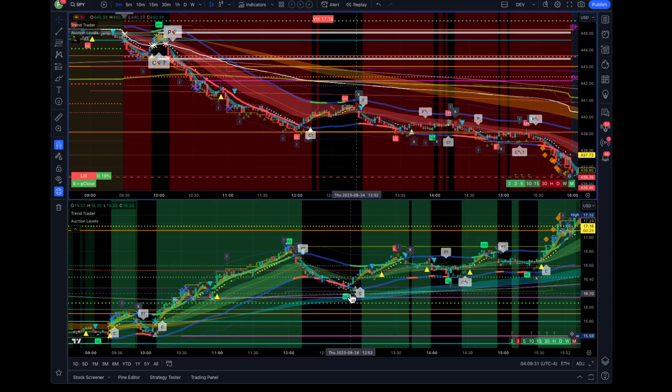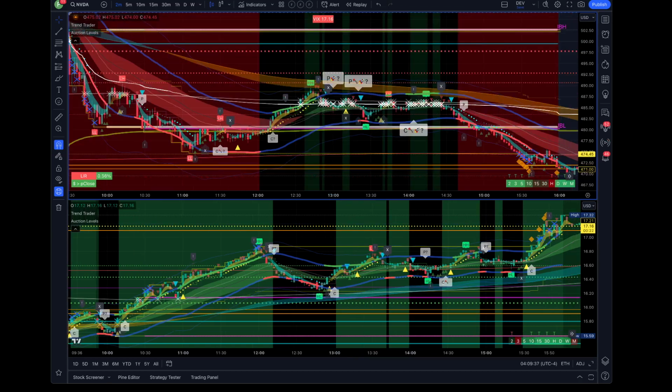As soon as VIX got this put signal, guess what? SPY was moving up. Now if we go and look at NVIDIA, you'll see that it was the same story. So it goes down. Not as clear as SPY, but we said that we wanted to watch what NVIDIA does because it could have the same impact on the market.